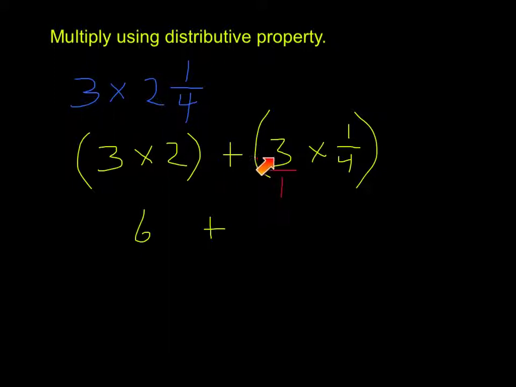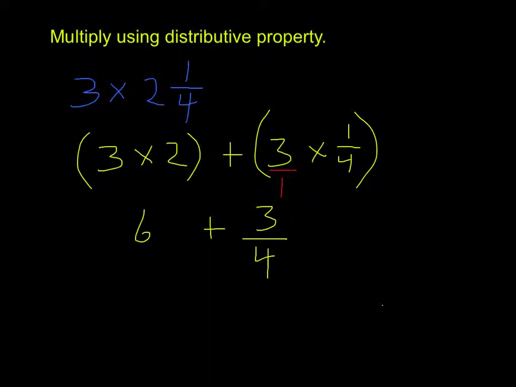So we take our 3 times 1, which is going to give us 3, and our 1 times 4, which is going to give us our 4.